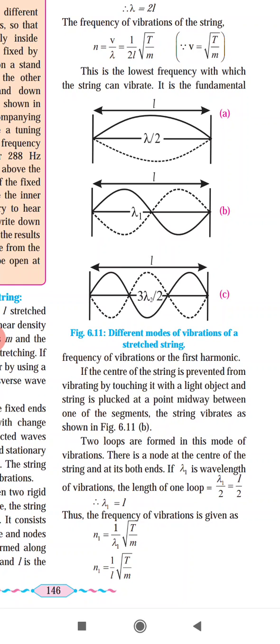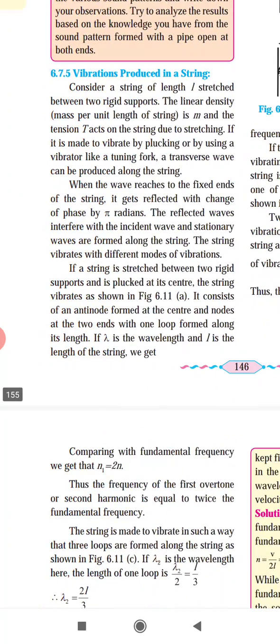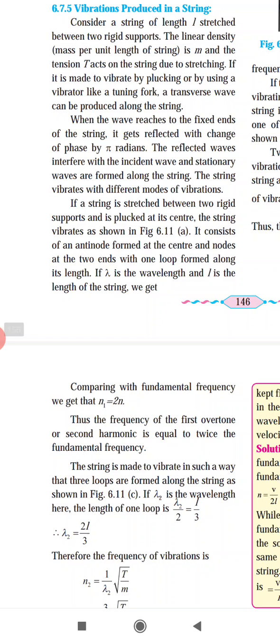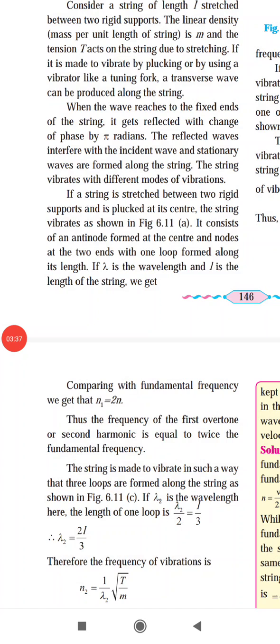Now if you multiply this equation by 2 and divide by 2, you will get 2 into N. Comparing with the fundamental frequency, we get N1 equal to 2N. Thus the frequency of the first overtone or second harmonic is twice the fundamental frequency, that is, N1 is equal to 2 times N.